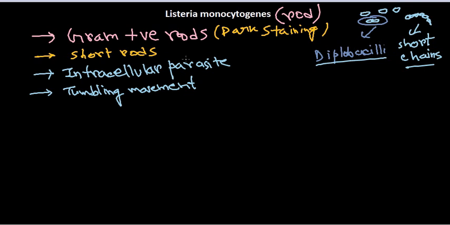Listeria monocytogenes is clinically significant, and this is very, very important. They can be found in milk products or dairy products, as well as in ground meat.